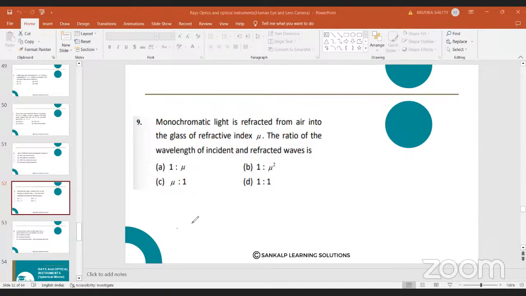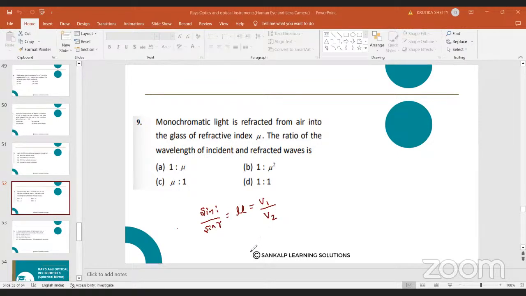So I'll consider the ratio of wavelength of incident and the refracted wave. According to Snell's law, it is sin i by sin r, equal to mu, the refractive index. This is nothing but also the ratio of v1 by v2.